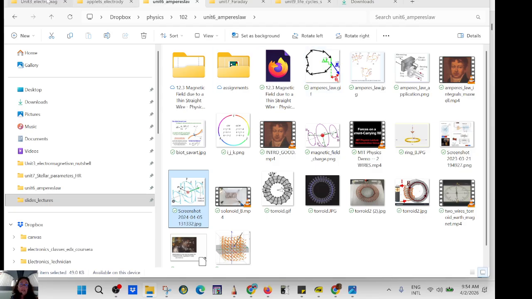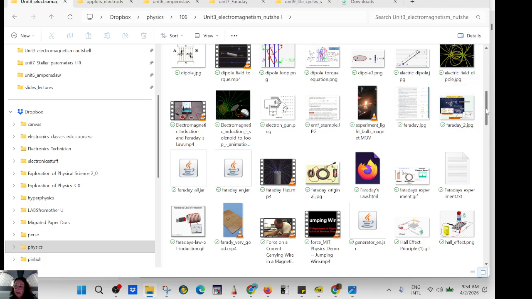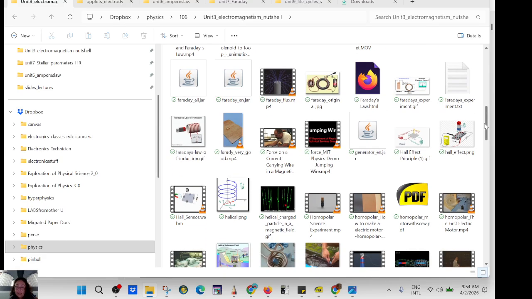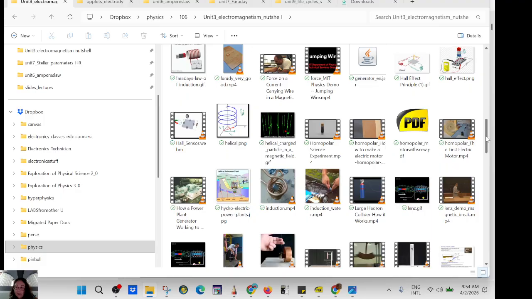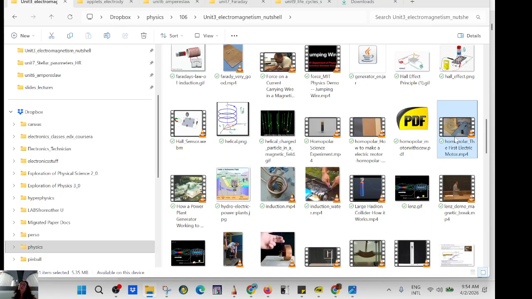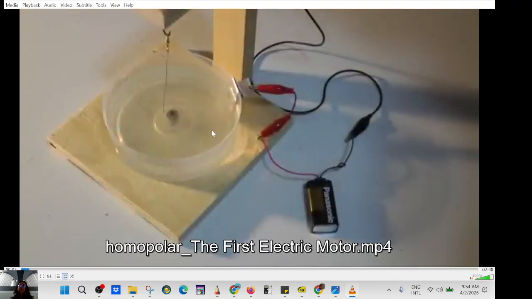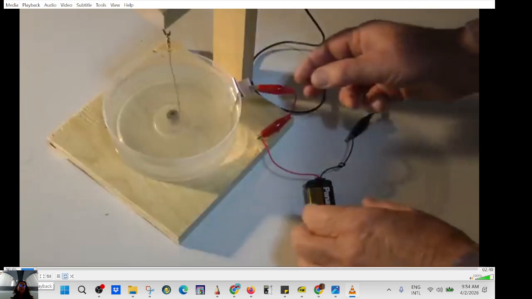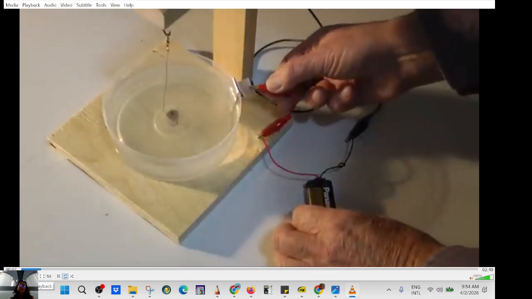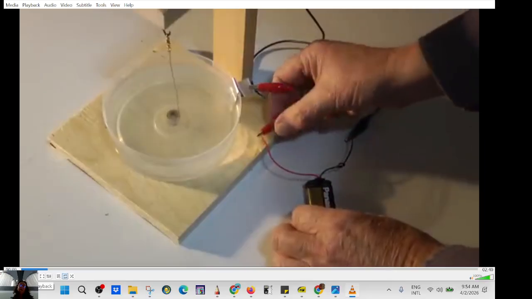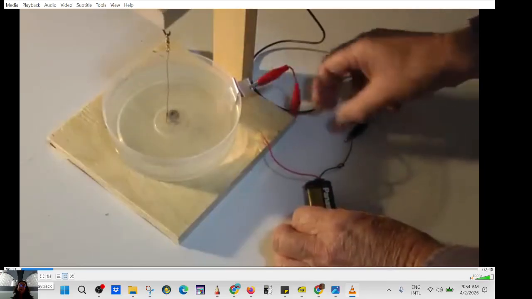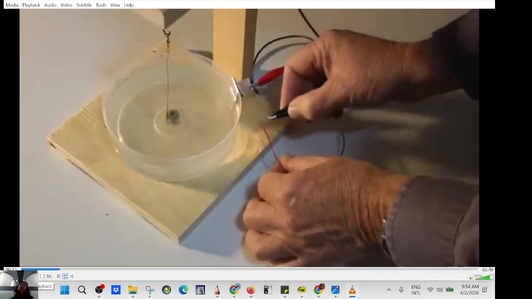I don't know if I showed you. If you are hands-on, you can build your own. That's what it looks like. And it's going to spin in the other direction.